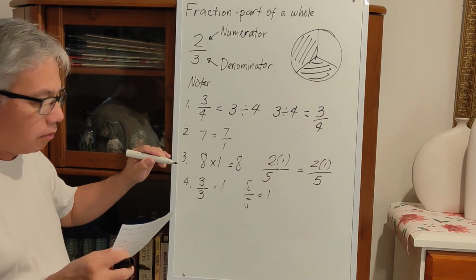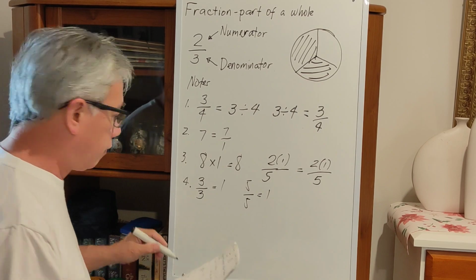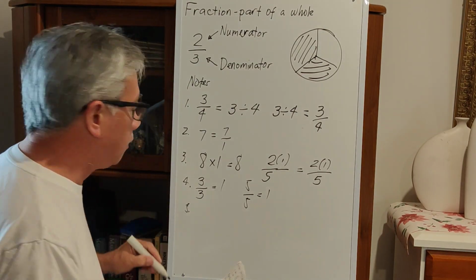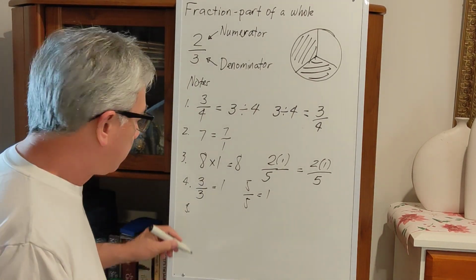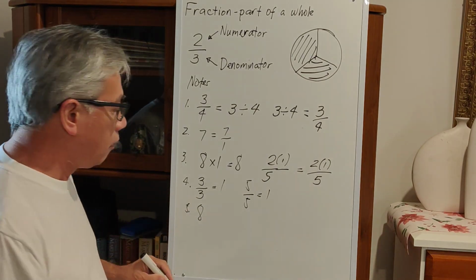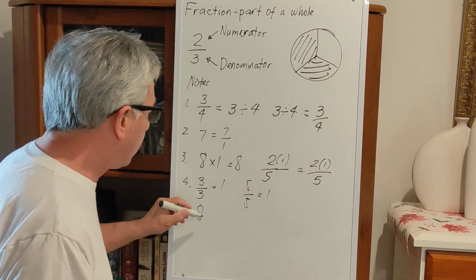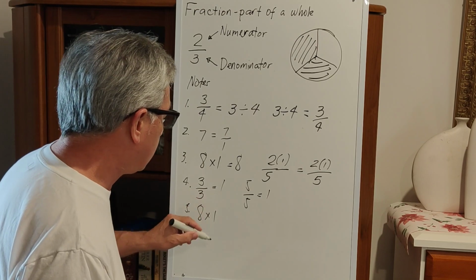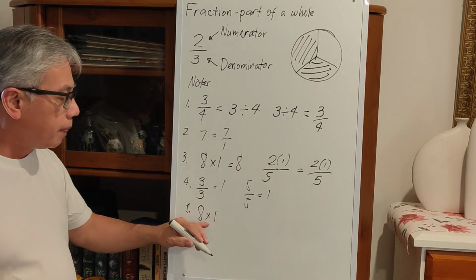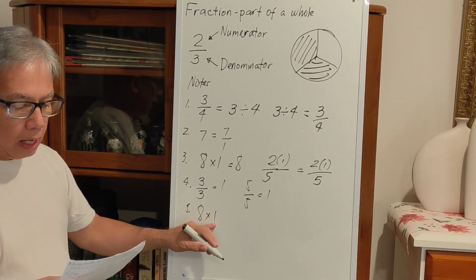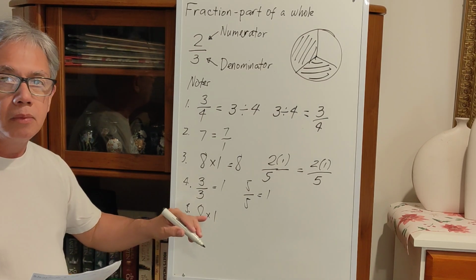So using 3 and 4, for example, we get note number 5. For example, we have 8. We can multiply it by 1, and then this 1 we can convert into a number divided by itself.